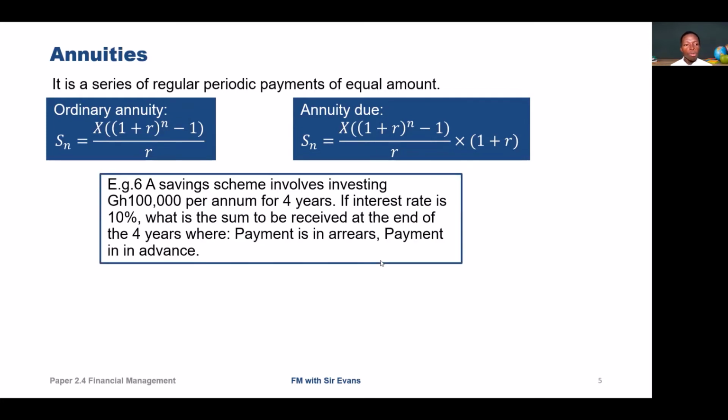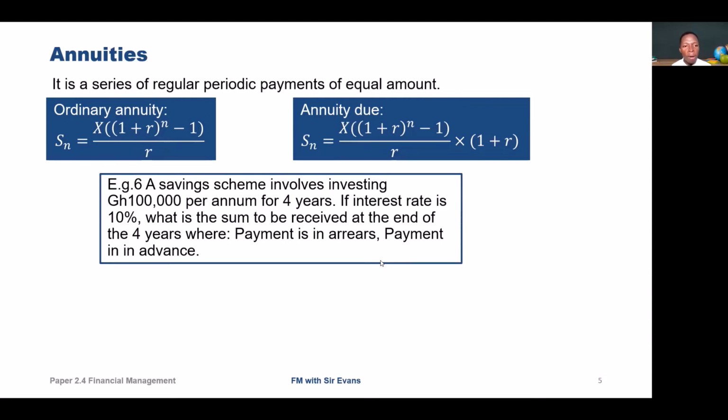Okay, so we'll look at an example. Example 6. A savings scheme involves investing 100,000 per annum for 4 years. If the interest rate is 10%, what is the sum to be received at the end of the 4 years where payment is in arrears, and where payment is in advance? So with this question, our X, which is the annual investment to be made, or the money to be paid for each compounding period, is 100,000.